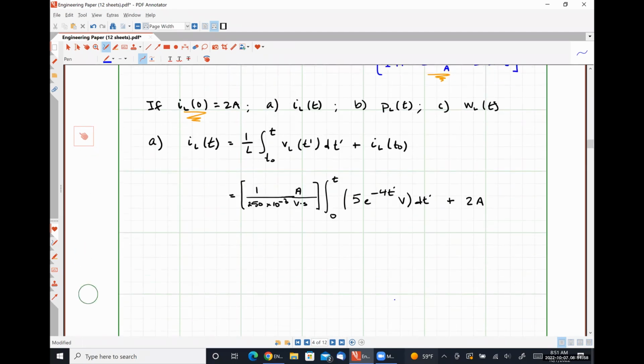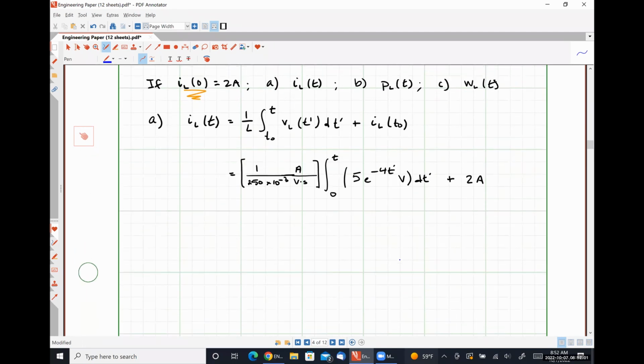So since we're taking the integral, and alpha in this case is the quantity -4, we are going to have 1 over 0.25, getting rid of that 10 to the -3 thing there, with these units.